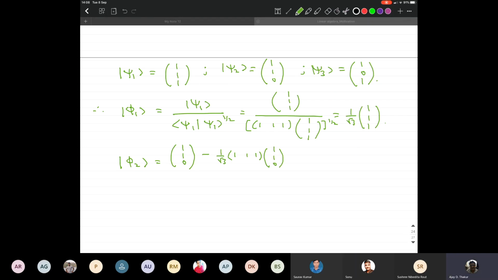So this is going to be phi2 psi3, and then this is going to be phi1. So phi1 again is 1 over root 3, 1, 1, 1. So that is there, and whatever comes, we'll have to basically find a norm of that.